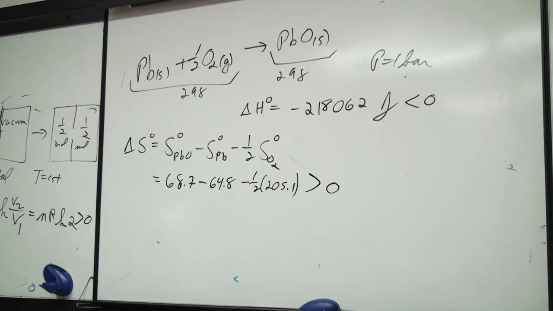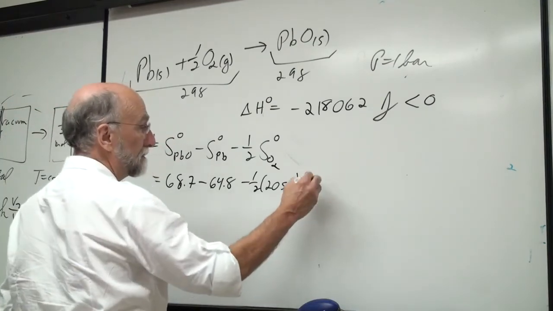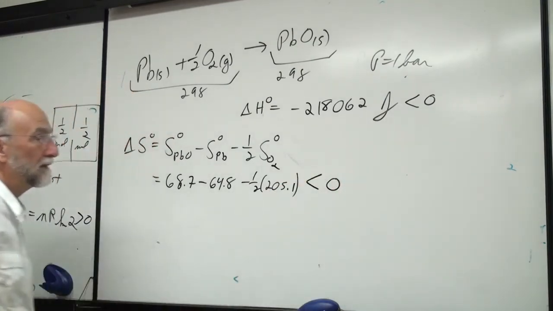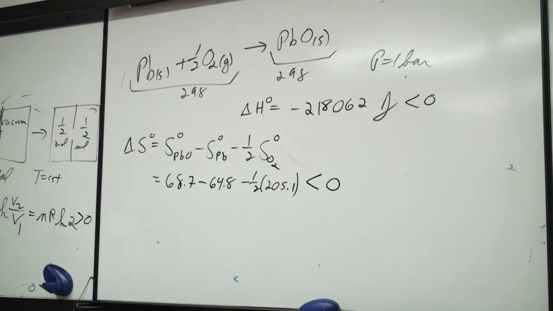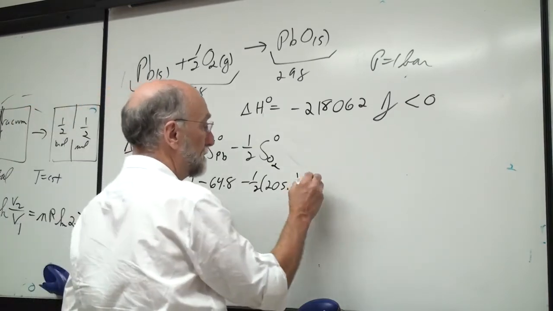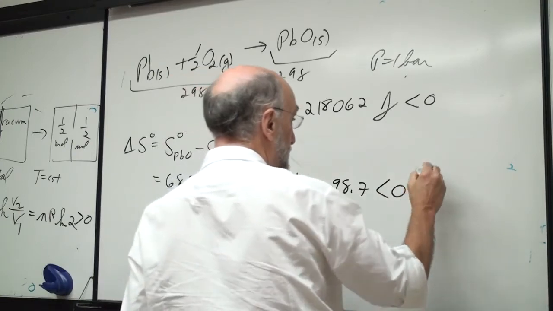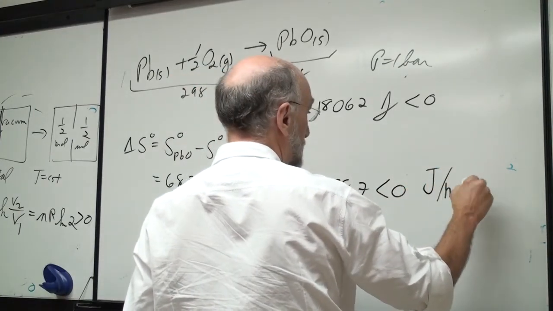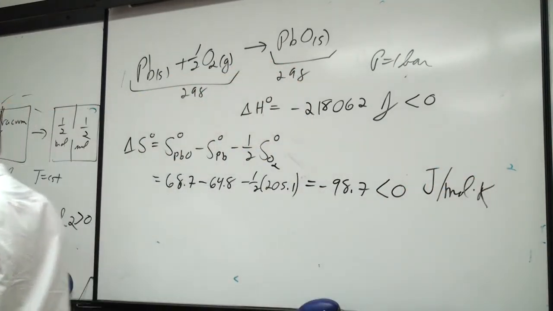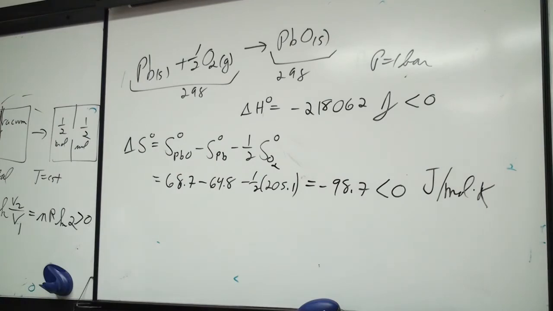Sorry, yeah, delta S is negative. So delta S is negative for the system, and I actually worked it out. Minus 98.7. As you would expect, delta S will be negative because the system is becoming more ordered, because you're replacing a gas by a solid.